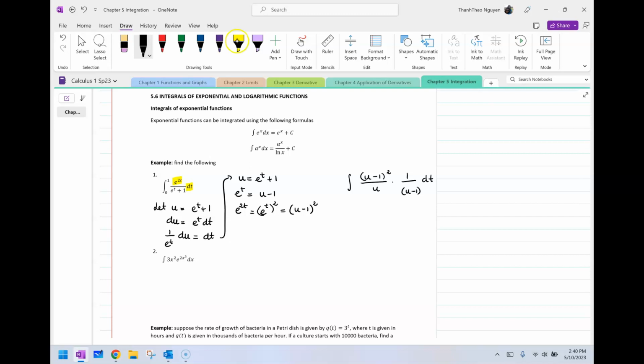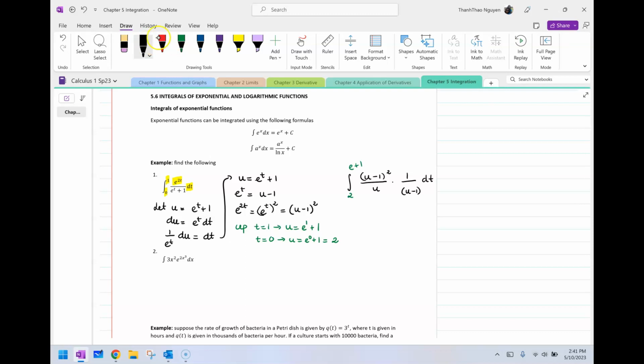Okay. Now we need to change the upper and lower limits of our integral. For the upper limit, when t equals 1, u equals e to the first plus 1. When t equals 0, u equals e to the 0 plus 1, and that is 2. So our upper and lower limits now become from 2 to e plus 1.